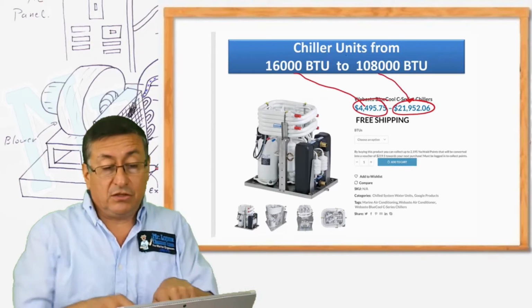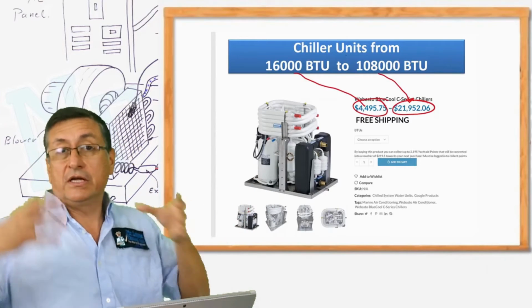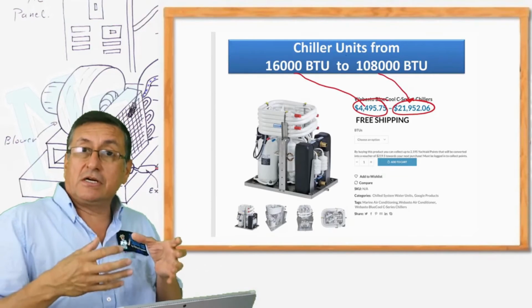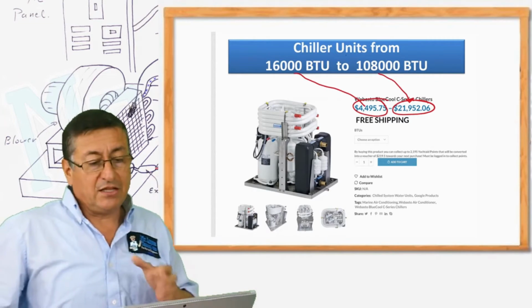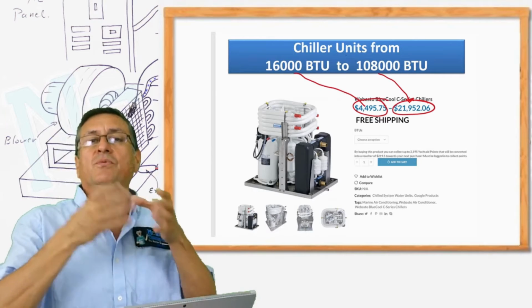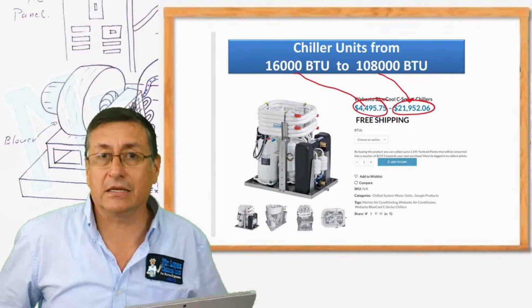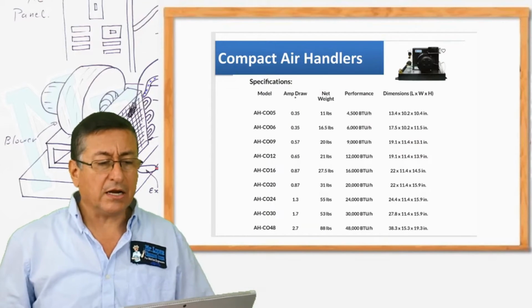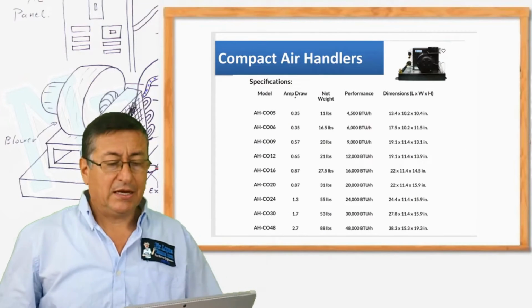Look at this. This is the price for the central chiller unit. Remember that the chiller unit has the condenser and the evaporator, and the evaporator is surrounded with fresh water. I explained the chiller unit in detail, and those are the air handlers. Look at this.